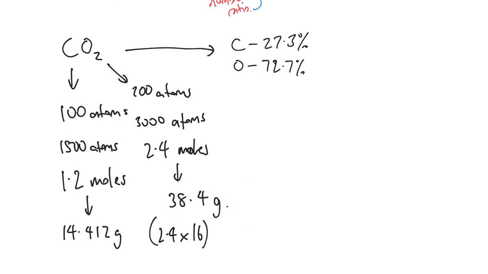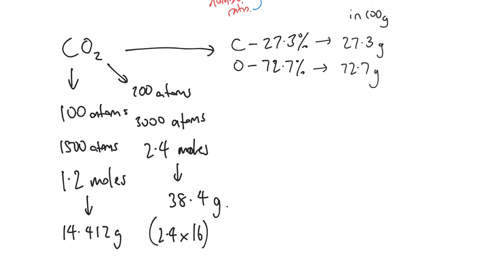We could translate that to masses, because a percentage effectively says that in 100 grams, it's going to be 27.3 grams of carbon and 72.7 grams of oxygen. Okay? So, the percentages can be turned into grams in 100 grams, because that's what a percentage describes.